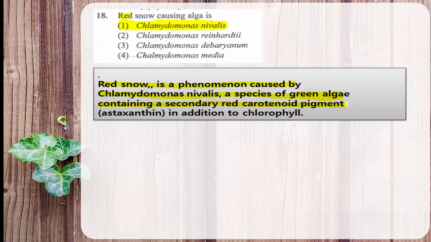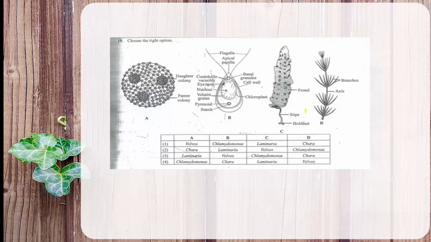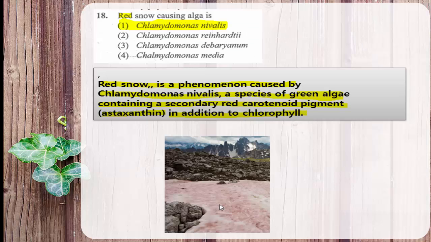Green pigment is the more dominating one, maximum present, but some red pigment is also present in the Chlamydomonas. And the red pigment present in the green algae is astaxanthin, in addition to chlorophyll. Sometimes it is accumulated and exposed, and this provides the red appearance for the snow.